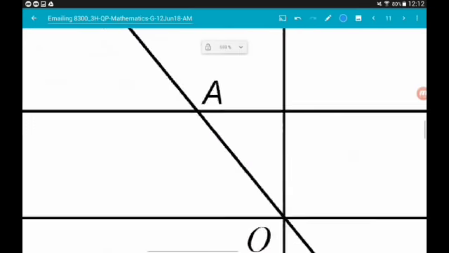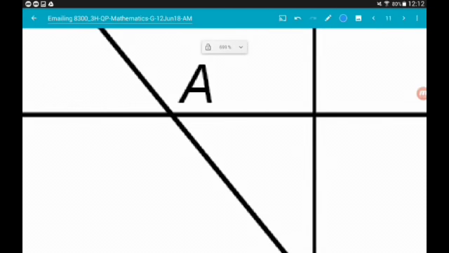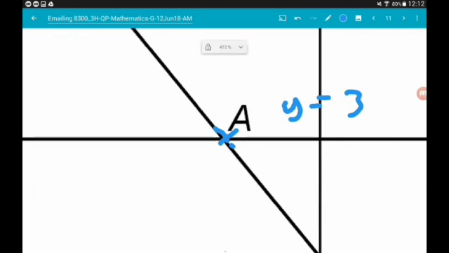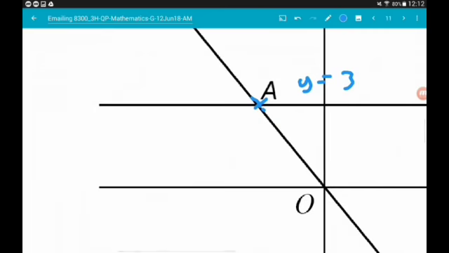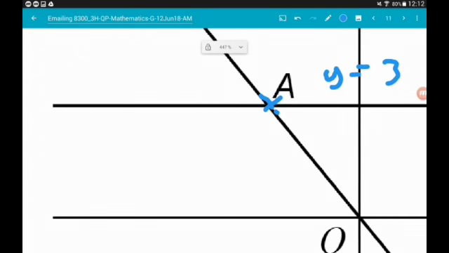So we know at this point y is equal to 3. That's true for the horizontal line and the sloping line at this point. Remember, the equation of the slanty line is y equals minus 4x. So at this point, 3 is equal to minus 4x.